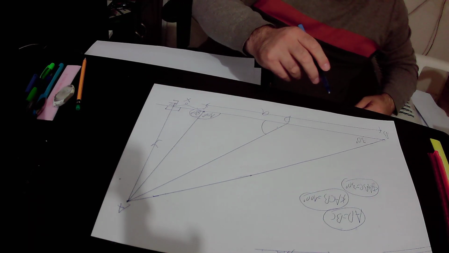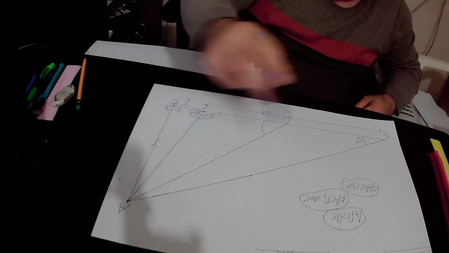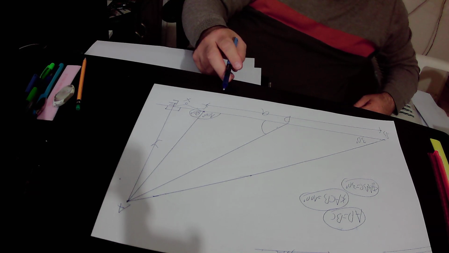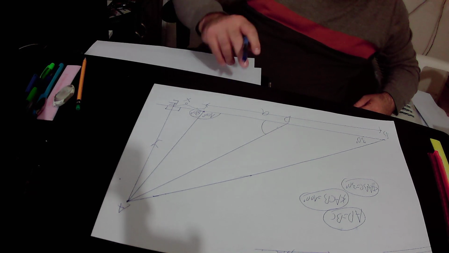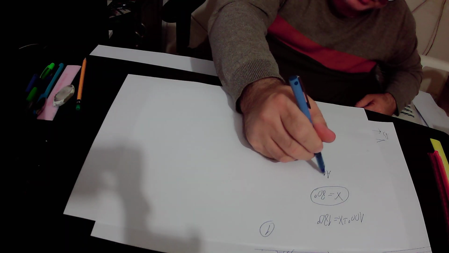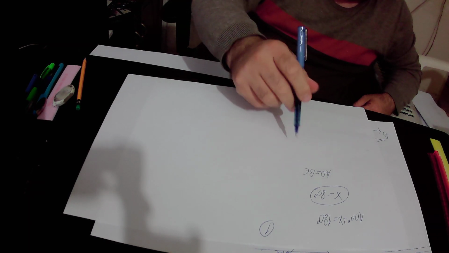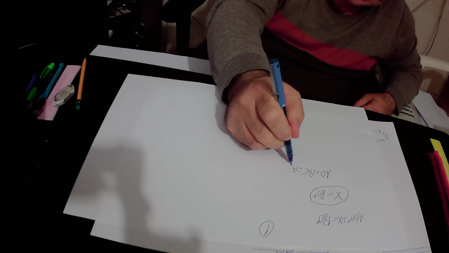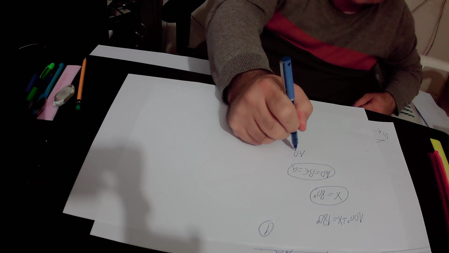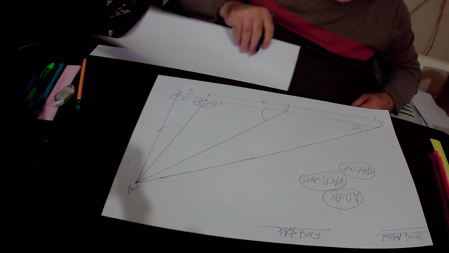Because AD equals BC, and BC equals A units, from this equation we derive that AD also equals A units.